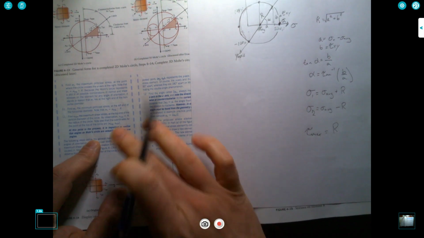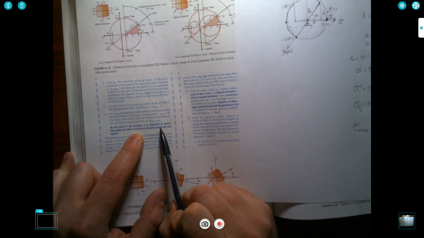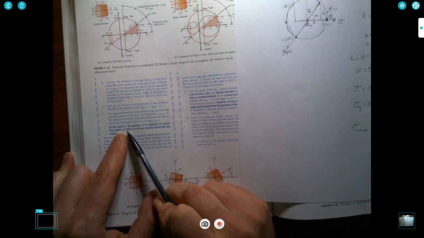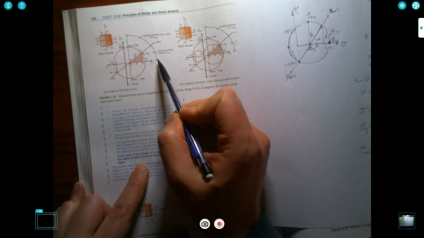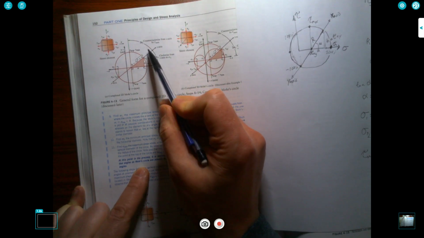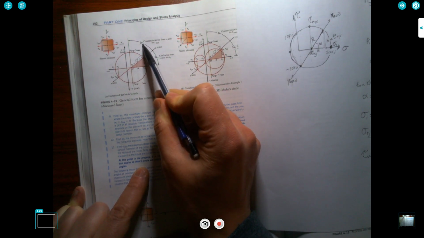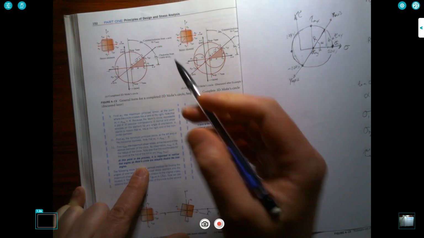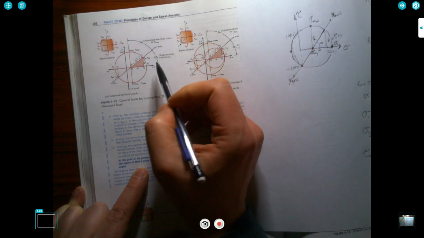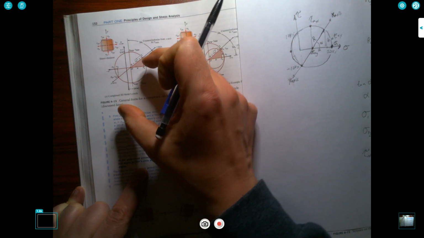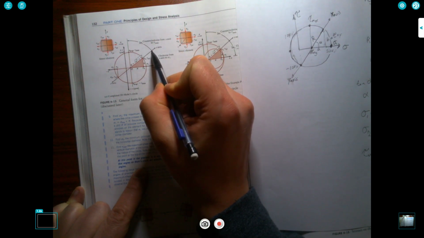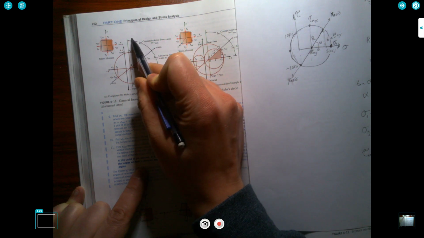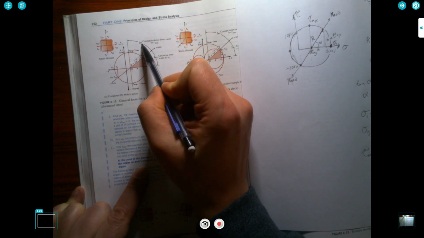So at this point we have everything, and what they want you to realize is that the angles on Mohr's circle, and we haven't really solved for those yet, but this angle and this angle are twice the phi angle that we're going to rotate that element at. So we want to rotate the element to figure out how we get to the max shear. So we're going to end up rotating our element counterclockwise by phi.